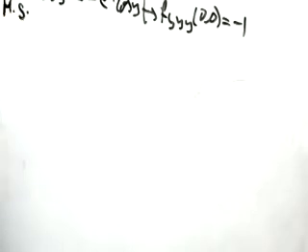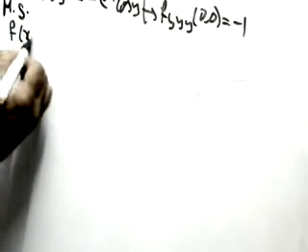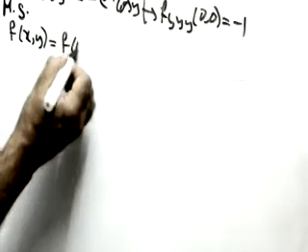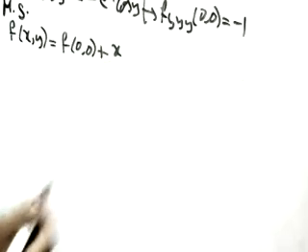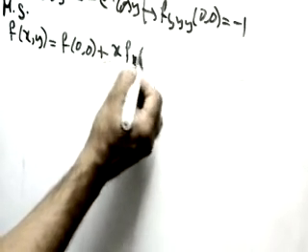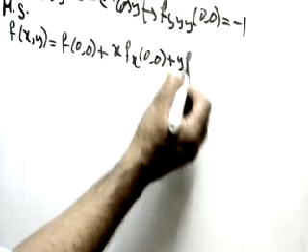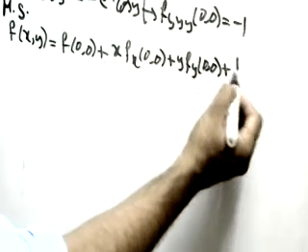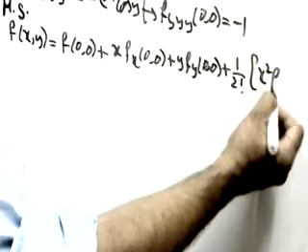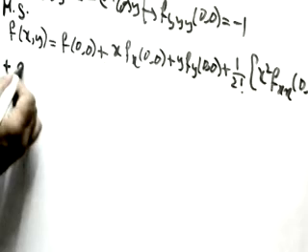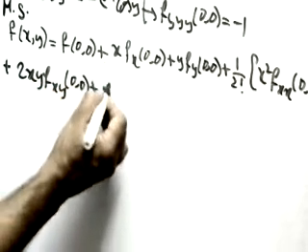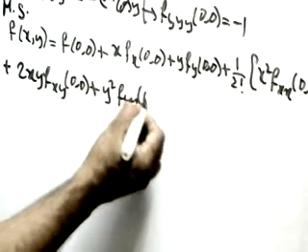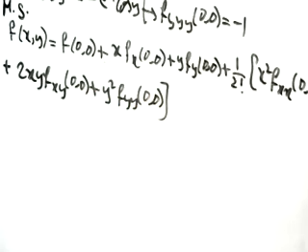Let me write this series. f(x,y) equals f(0,0) plus x into fx(0,0) plus y into fy(0,0), plus 1 by 2 factorial, x square fxx(0,0) plus 2xy fxy(0,0) plus y square fyy(0,0).